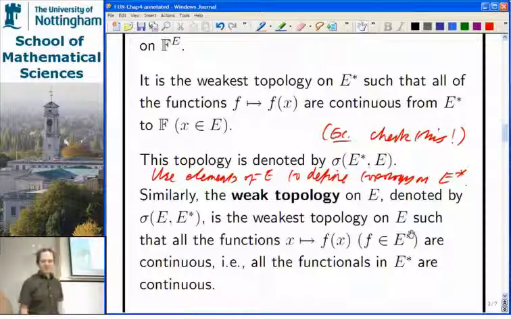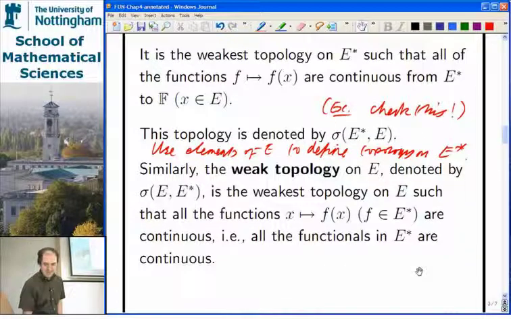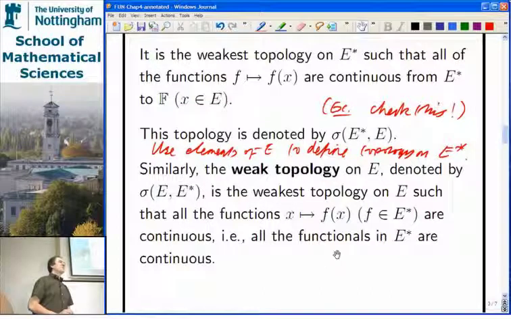The weakest topology that still leaves those things continuous is called the weak topology. So it sounds a bit tautological to say it's the weakest topology that makes all the continuous linear functionals continuous, until you realize that that's two different kinds of continuous. Does that make sense?